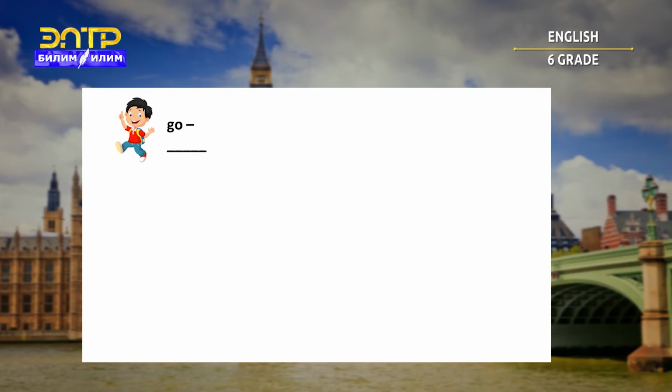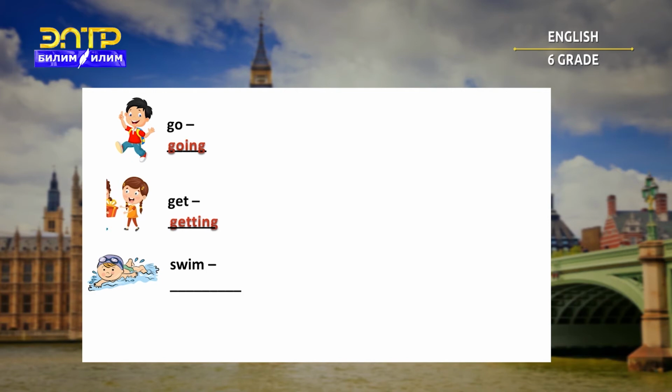Now students, look at the pictures and infinitives. Make up ing forms of the verbs. Go, going. Get, getting. Swim, swimming.